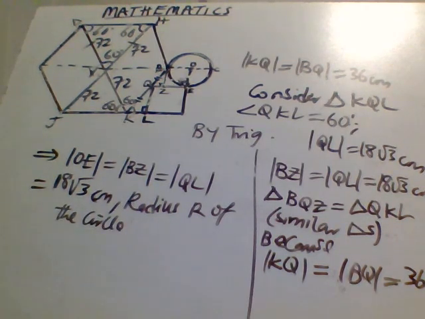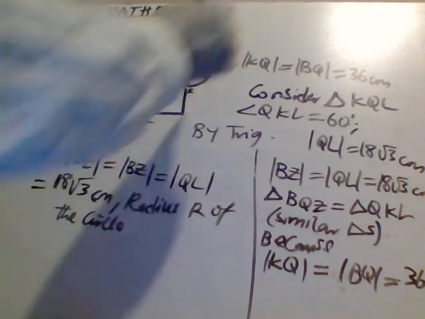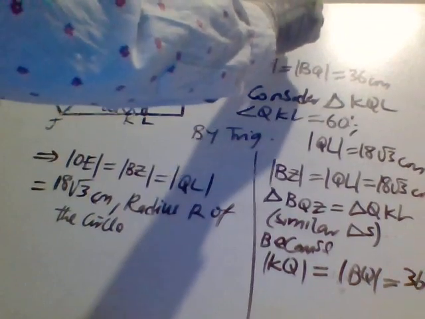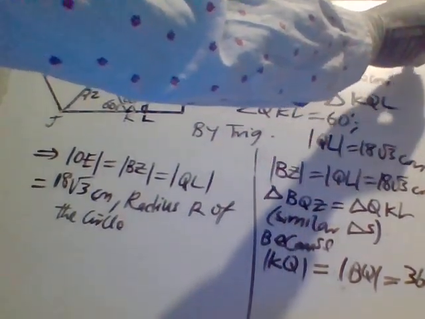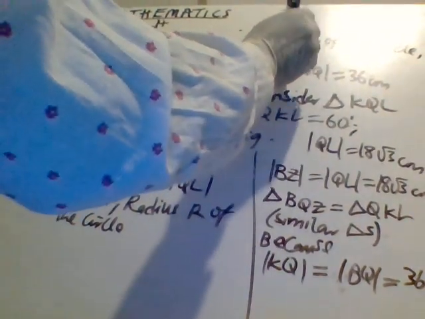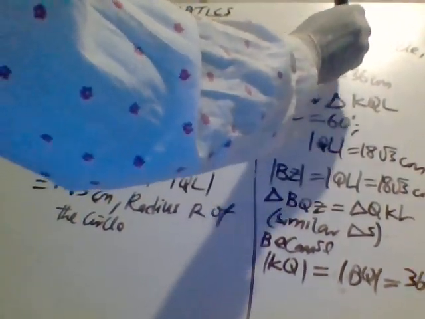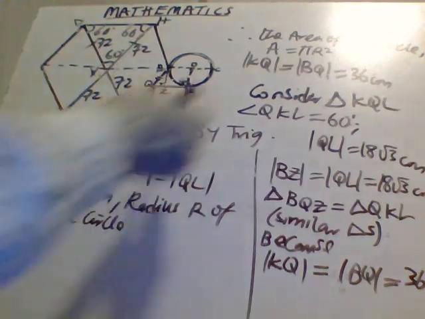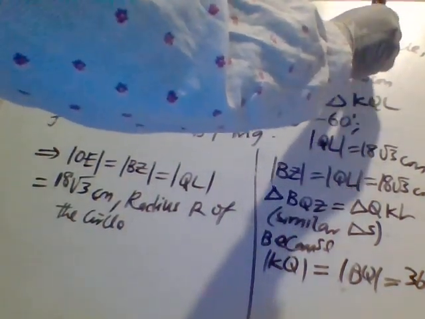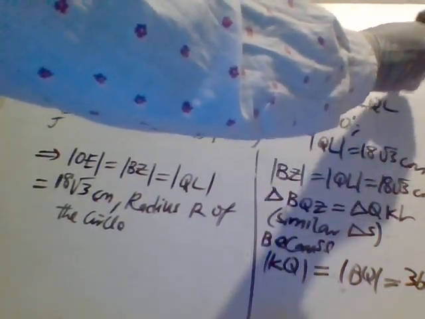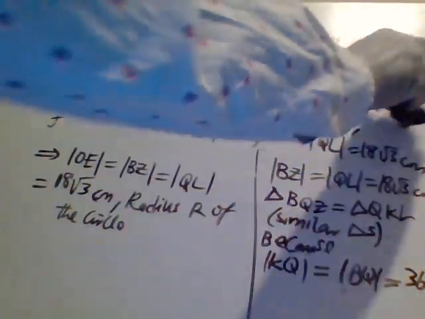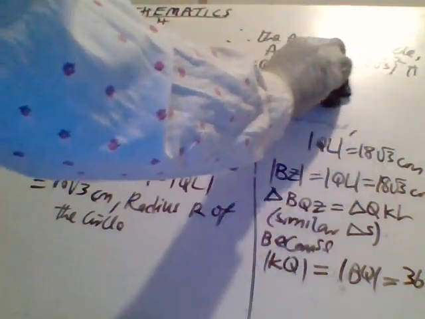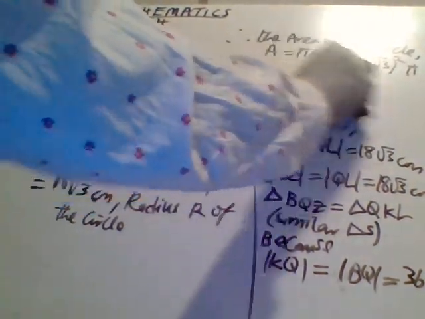So from here we can solve the first question, which is the area of the circle. Therefore, the area of the circle, in this case I call it A, is equal to πr squared. We can substitute 18√3 squared multiplying π.